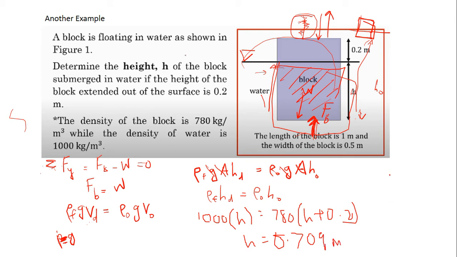That's why I said it's very easy, because floating only has buoyant force and the weight of the object. Can you understand? Alright, good. Well done. So we have solved this question.